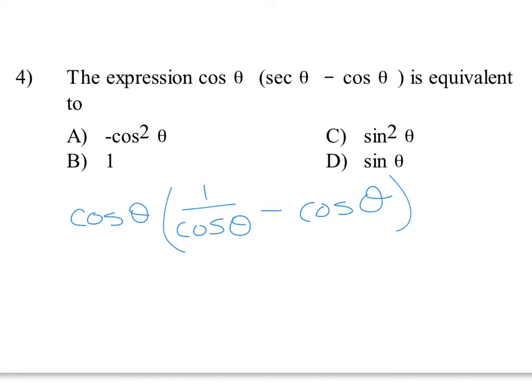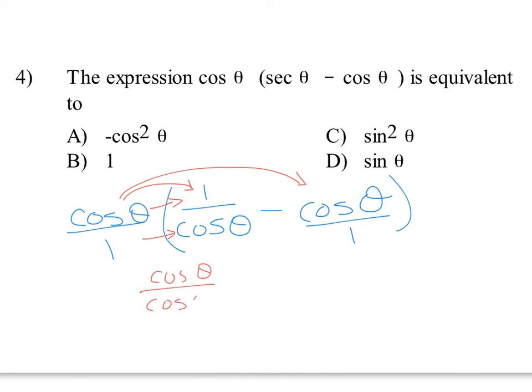Okay, now it's always a good idea if you have a fraction to make them all fractions, otherwise sometimes you forget. So now we distribute to both. So this becomes, remember the cosine goes on the top, so it's cosine over cosine minus, this is cosine times cosine, which is cosine squared, and 1 times 1 is 1.